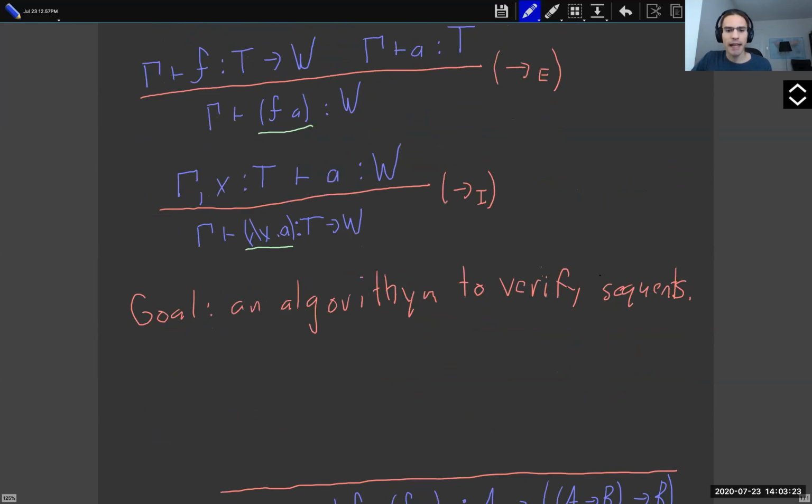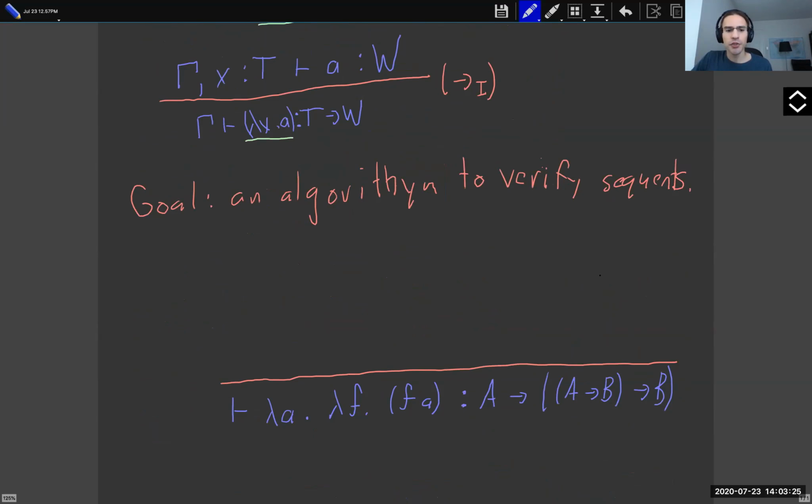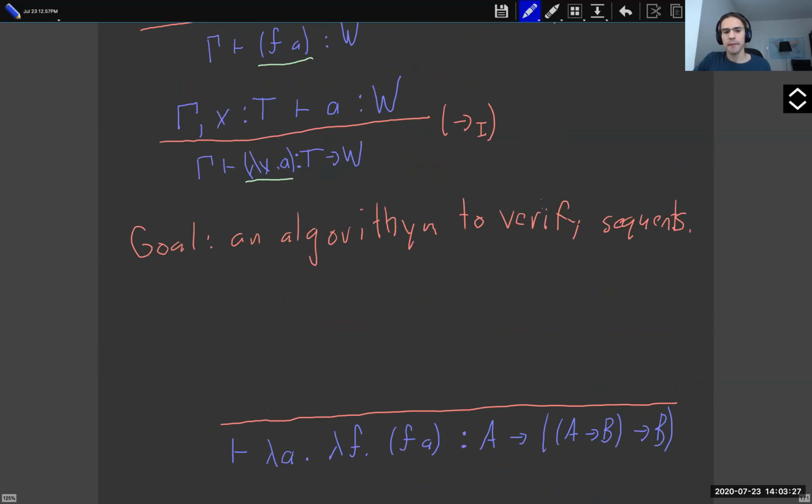So then looking back at this, which rule would we apply as the last rule in this proof tree that would allow us to have this as our final conclusion? Implication introduction? Yes. Implication introduction is the proof rule that corresponds to abstraction, and you see it on the screen already.